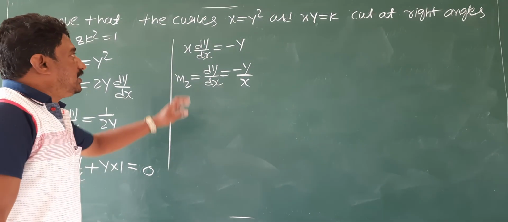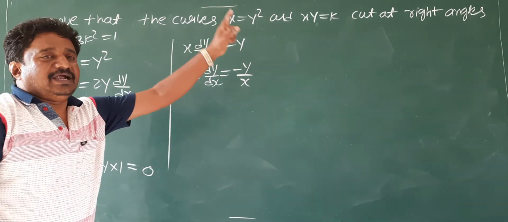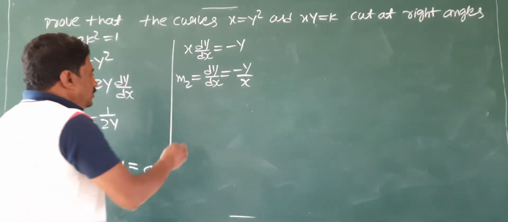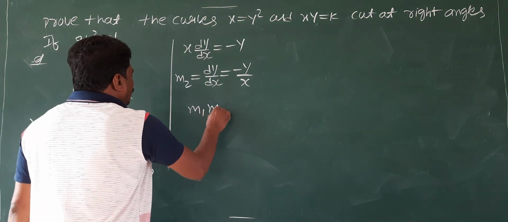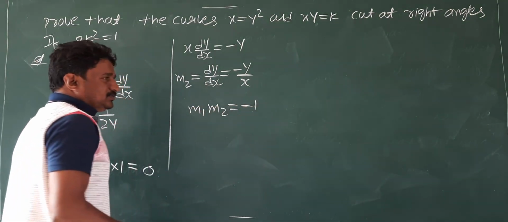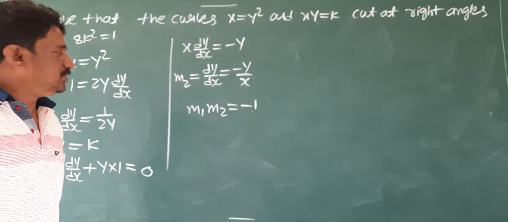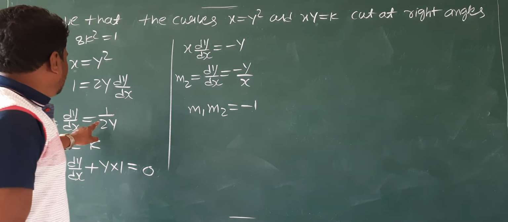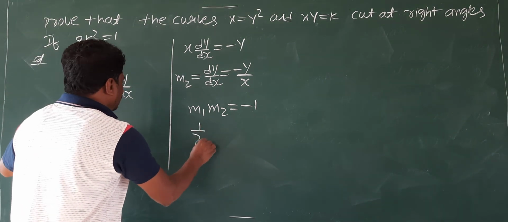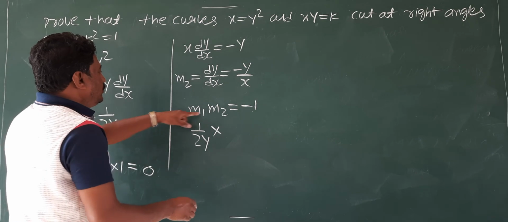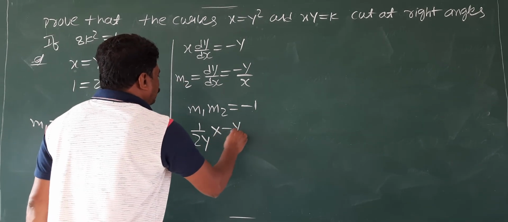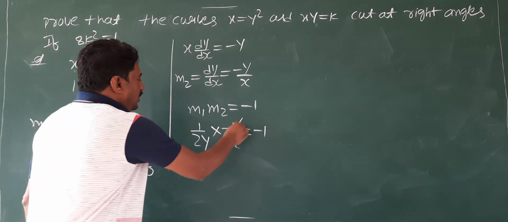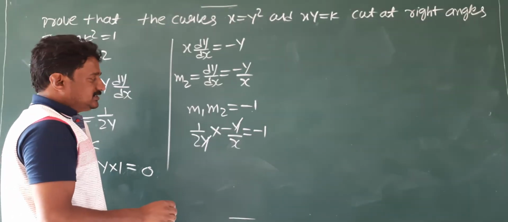Since curves are cutting at right angles, what is the condition for that? m1 into m2 is equal to minus 1. Substitute for m1 and m2. What is m1, students? 1 by 2y into m2, minus y by x, is equal to minus 1. y and y get cancelled.